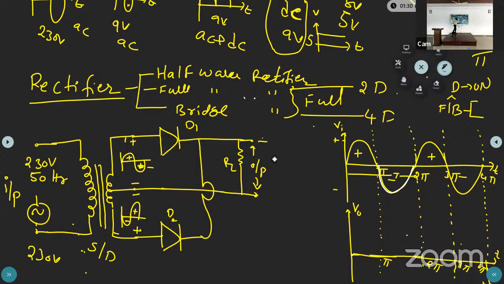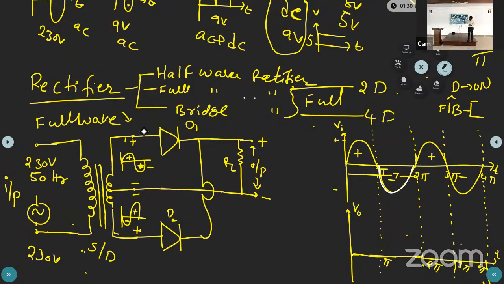We are taking positive and negative. Okay, this is the circuit diagram for the full wave rectifier. The previous one is the bridge rectifier and this one is the full wave rectifier. The circuit name is the full wave rectifier. Now this is the circuit diagram for the full wave.